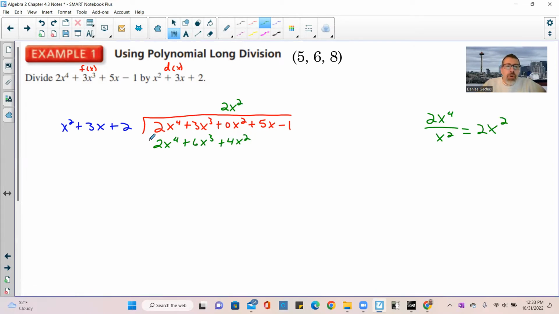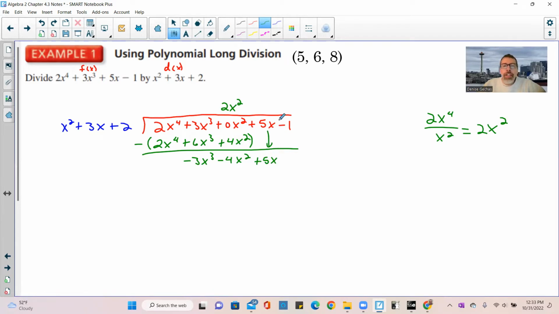I like to put these in parentheses and put a minus sign, because we're subtracting. So 2x to the 4th minus 2x to the 4th is nothing. 3 minus 6 is negative 3x cubed. 0 minus 4x squared is negative 4x squared. You bring down your next term, plus 5x.